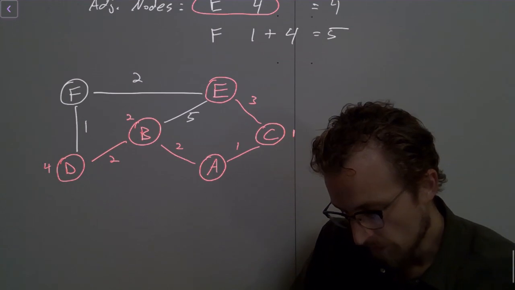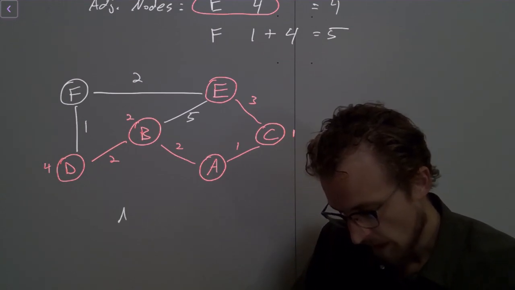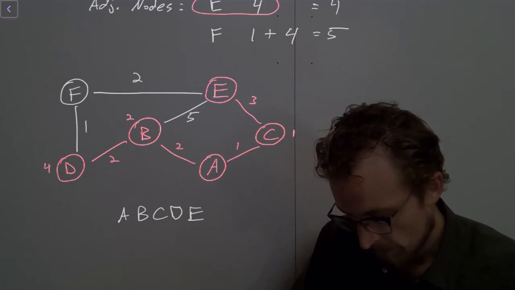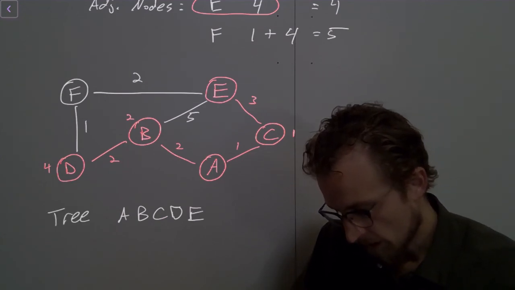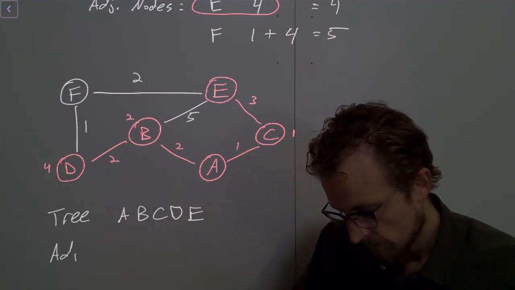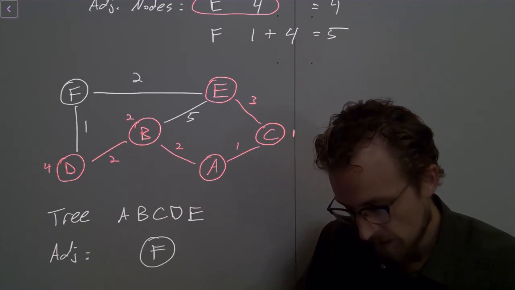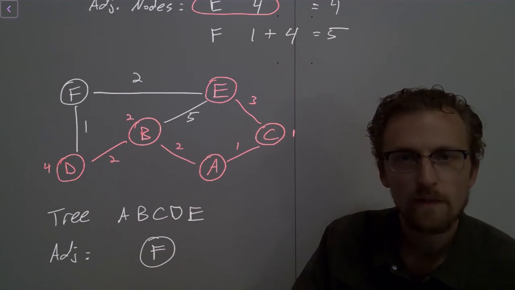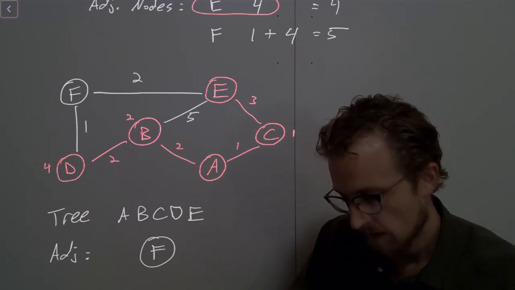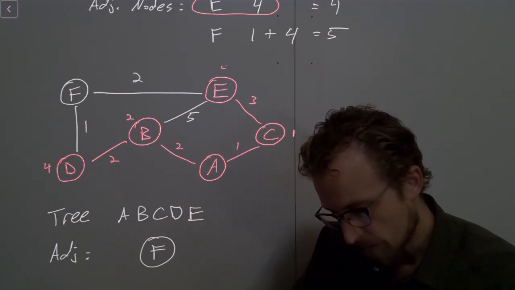And so now we have almost everything in our tree. A, B, C, D, E is in the tree, and the only adjacent node is F. The only thing we have left to do for F is to determine its shortest path to A. So what's the shortest path from E to A? Well, it's 4.